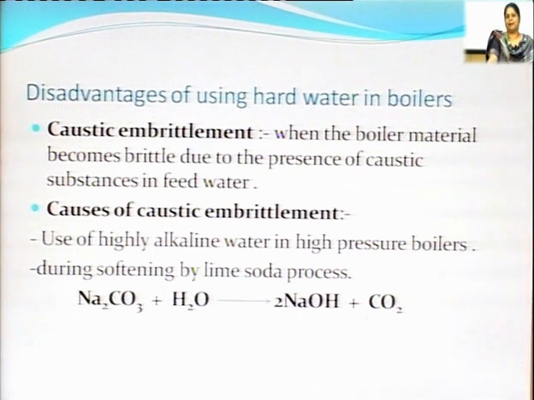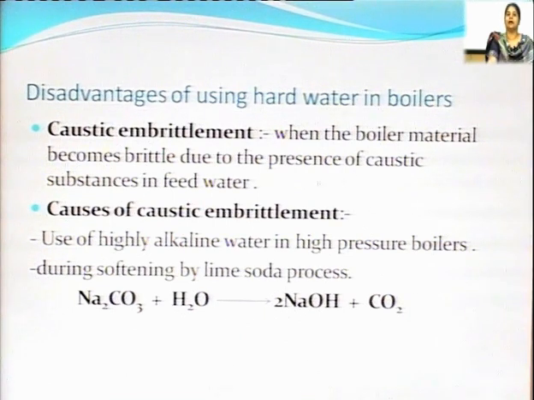Now, another disadvantage of using hard water in boilers is caustic embrittlement. Caustic embrittlement is when the boiler material becomes brittle due to the presence of caustic substances in the feed water. The major reason for this caustic embrittlement is the use of highly alkaline water in high pressure boilers.